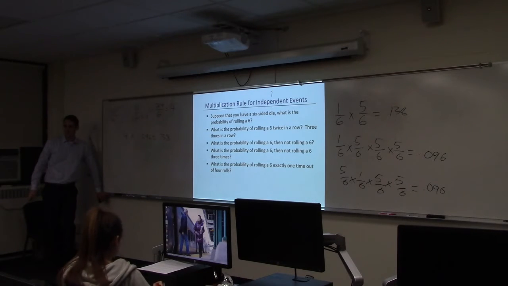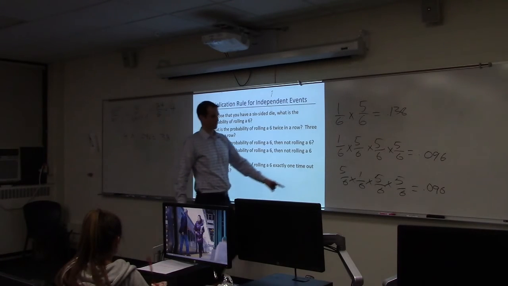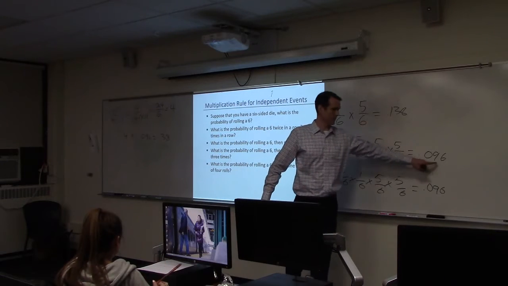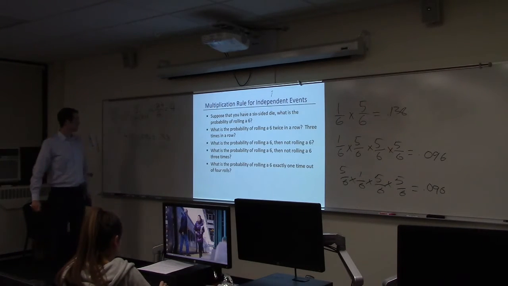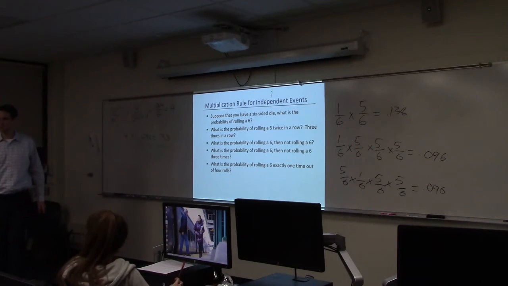And you got the probability with the 1 times 5 times 5 times 5, yeah. Yes, 0.096, 4 times. All right, we're good there?